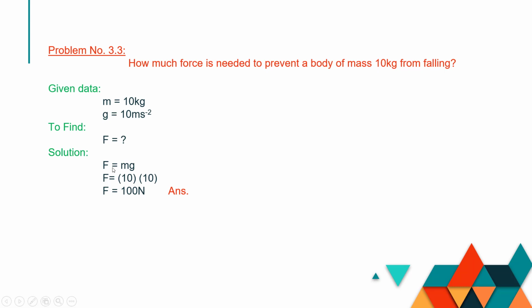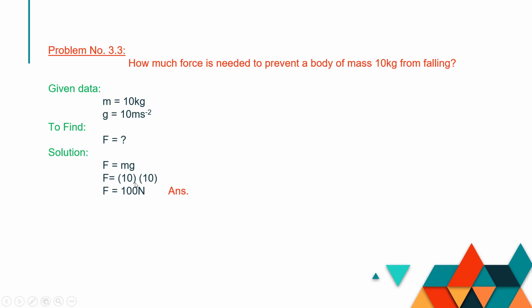So to find out force, we have to multiply the value of mass and the value of g. So we will multiply 10, which is the value of mass, with 10, which is the value of g.